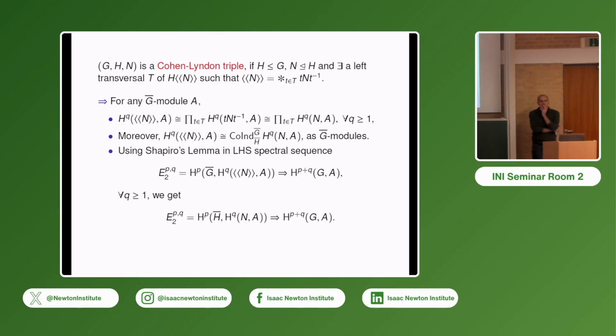So N is, you can think about the relators, and H is the normalizers. Good.